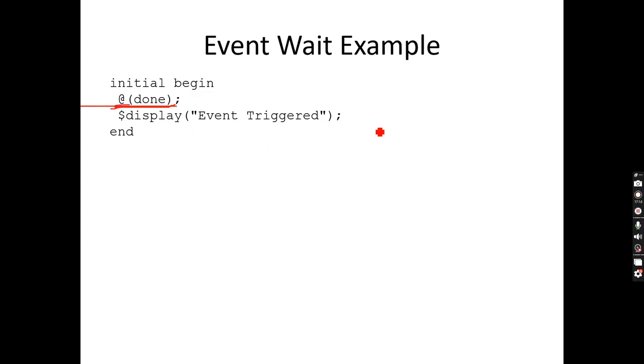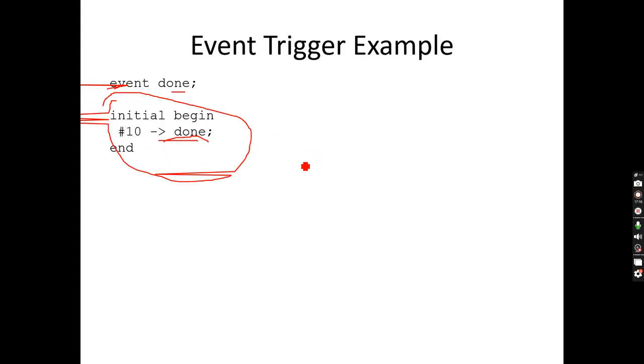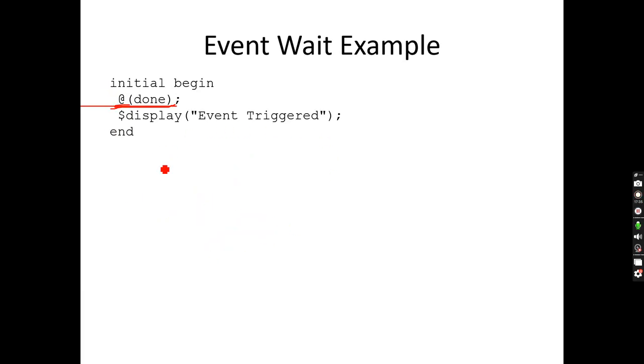If I display something here, I am writing $display with some statement. So after 10, after triggering the done event, this display will be executed. Till then this is waiting, and only then will this display happen.